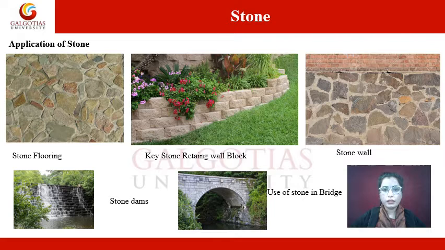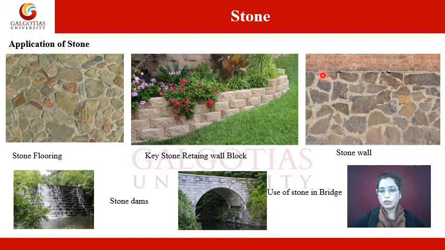In this slide you can see some applications of stone. First image shows stone flooring. Here you can see examples of different purposes and different uses of stone. Second one is keystone retaining wall block. Next is the stone wall.